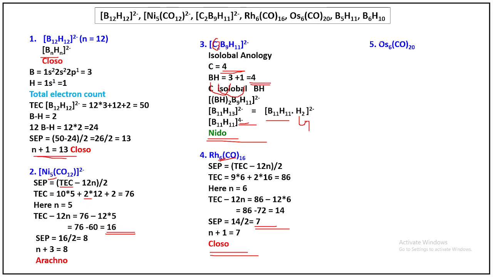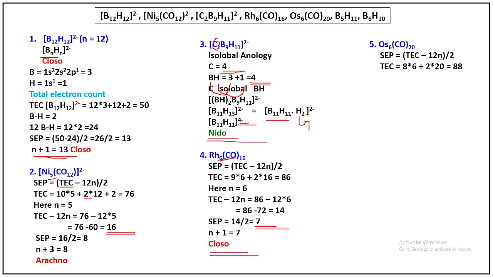The next one is Os6(CO)20. This is also the same method. Somebody tell me how many valence electrons are there in osmium. You know the periodic table. 8. Right. Good. Now 8 into 6 for osmium, plus 2 into 20, equals 88.